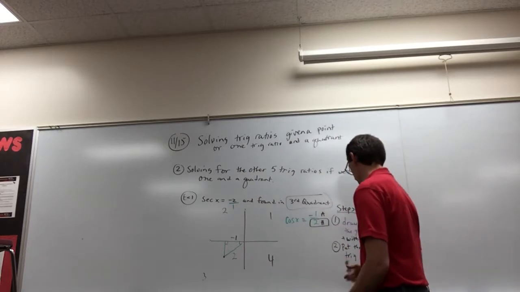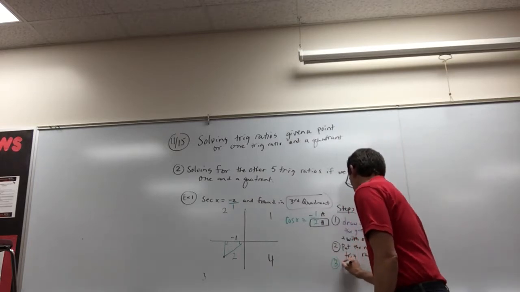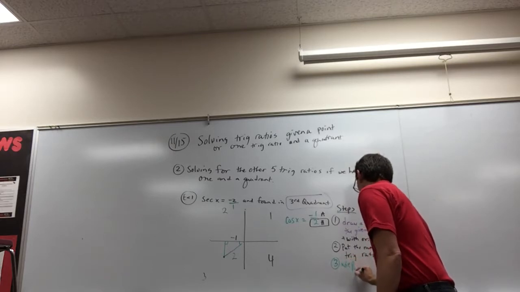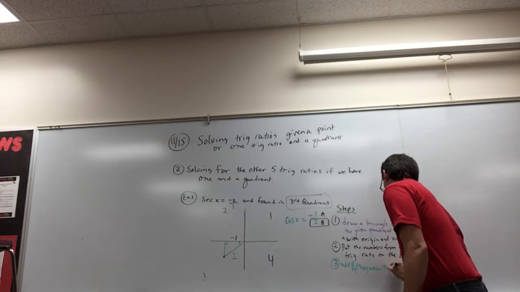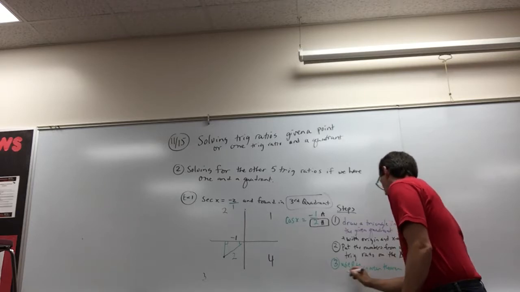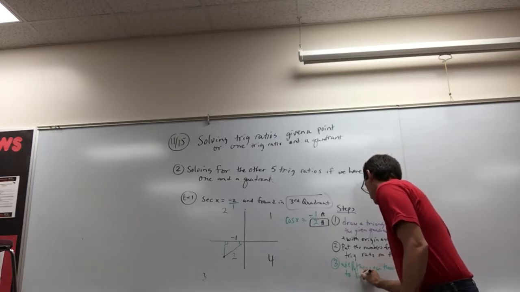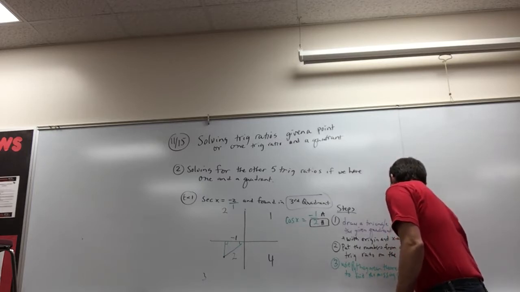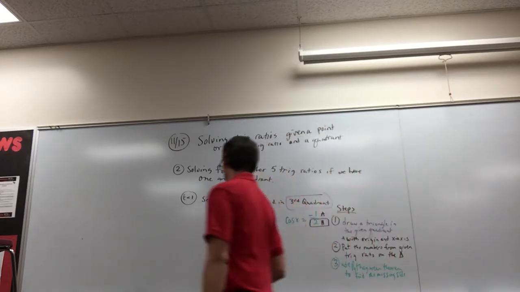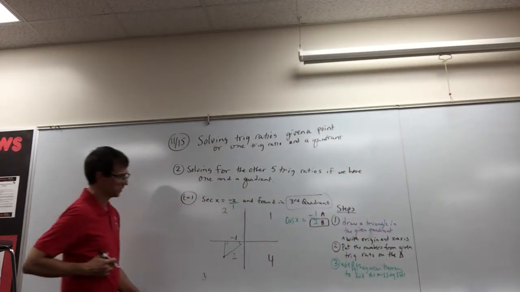So step 3 is you're going to use Pythagorean's theorem to find the missing side. And that's no different than what we did on Monday.